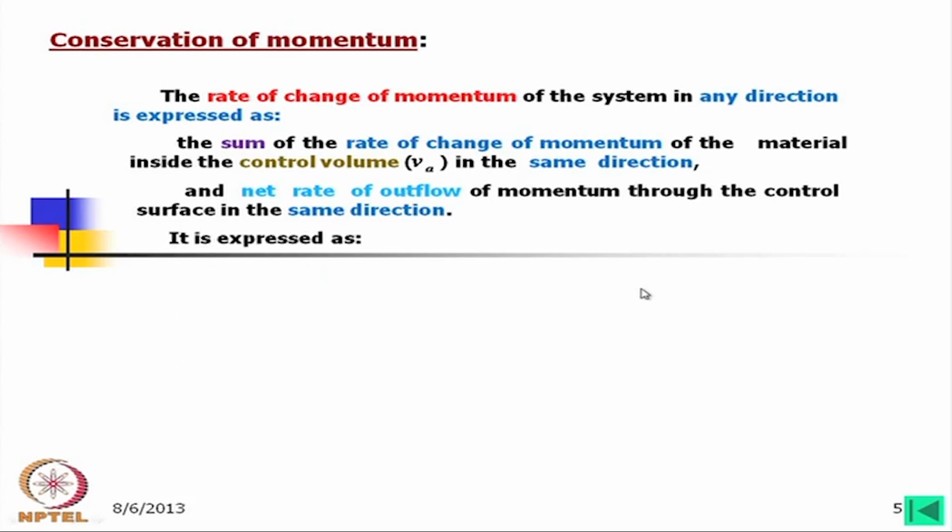It is expressed as F x is equal to d by dt integration of rho v x d V A over the control volume V A. This v x is the velocity in x direction, plus integration of rho v x V n dA s.